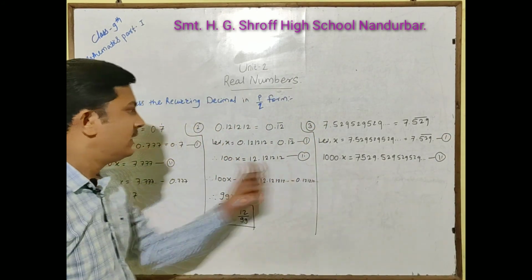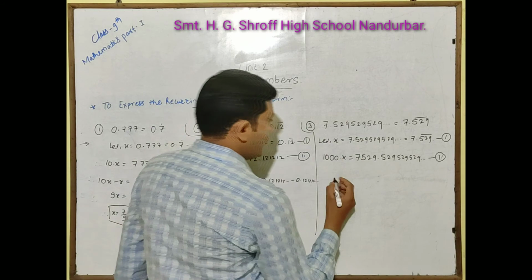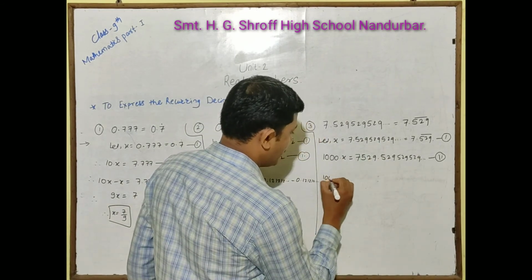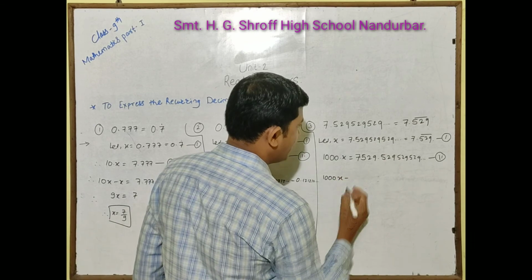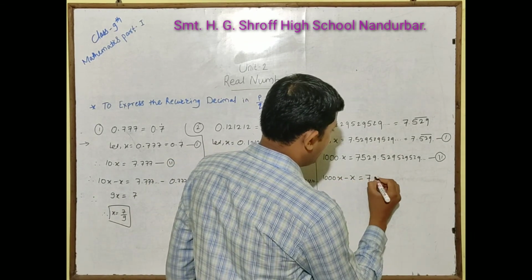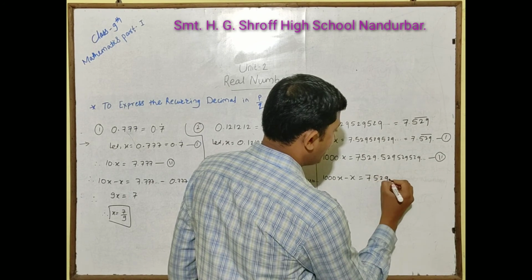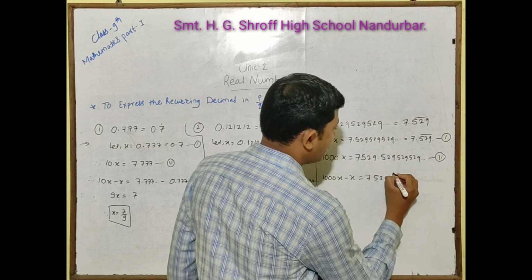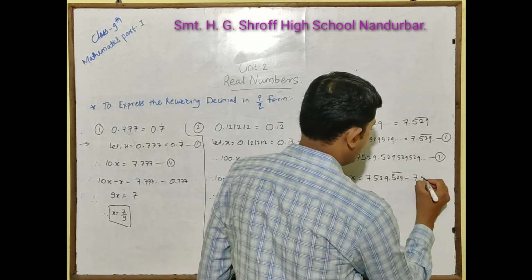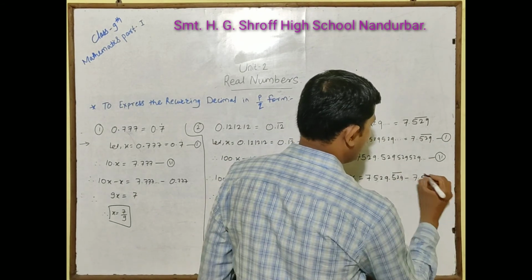Again, as per the rule, subtract equation 1 from equation 2. 1000x minus x is equal to 7529.529 bar minus 7.529 bar.